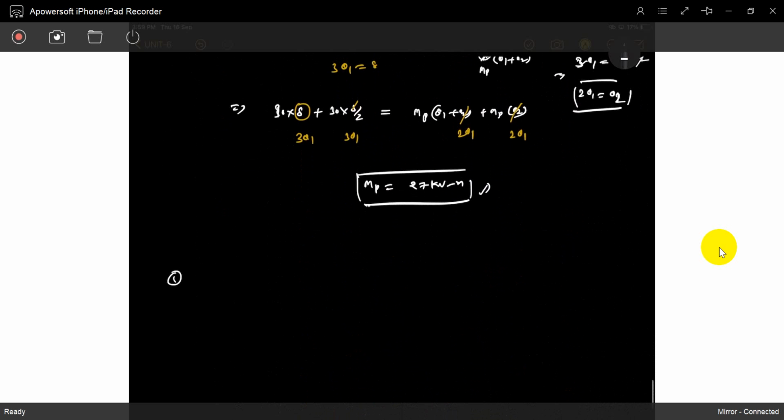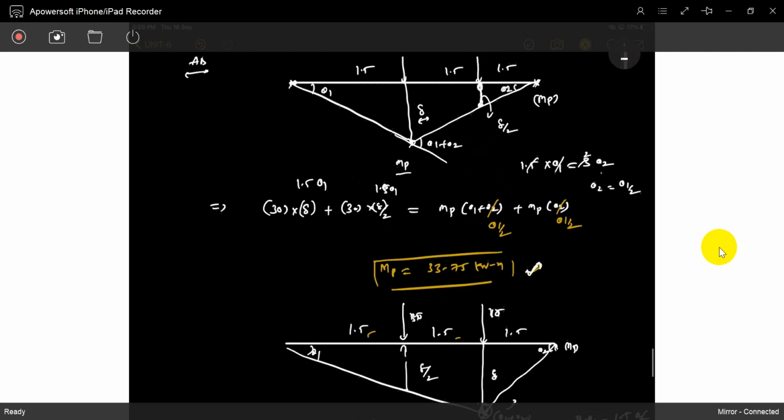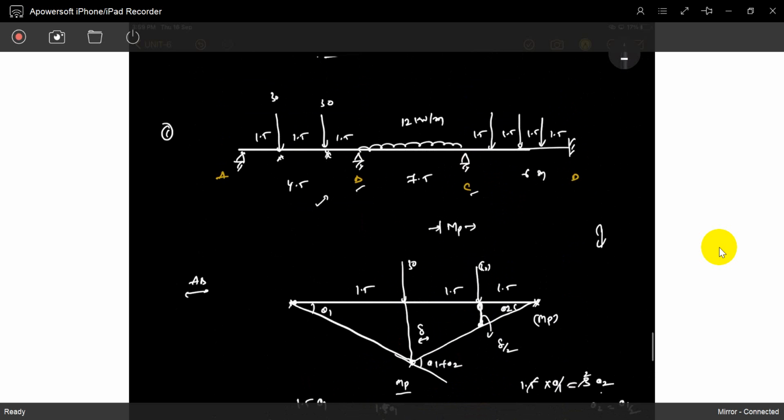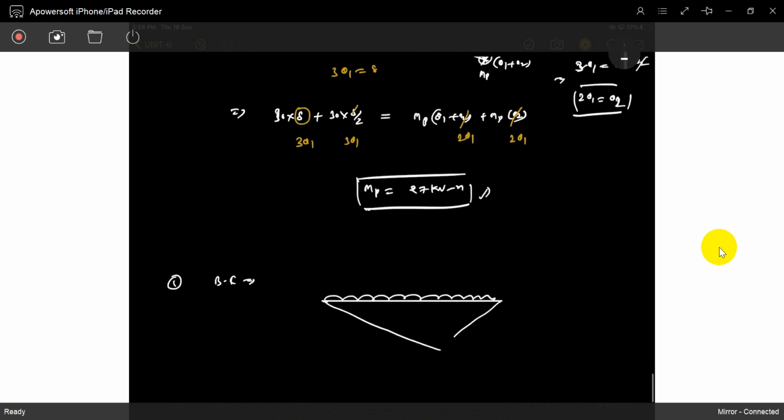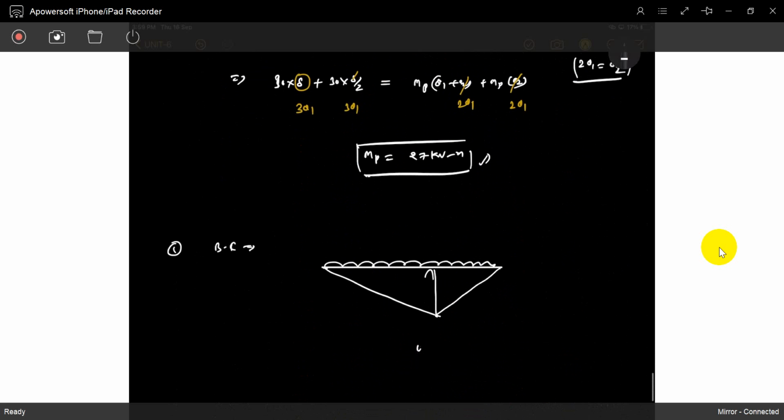For BC, it's very simple. B is fixed and C is fixed. They will form like this. We already know, we don't need a calculator.